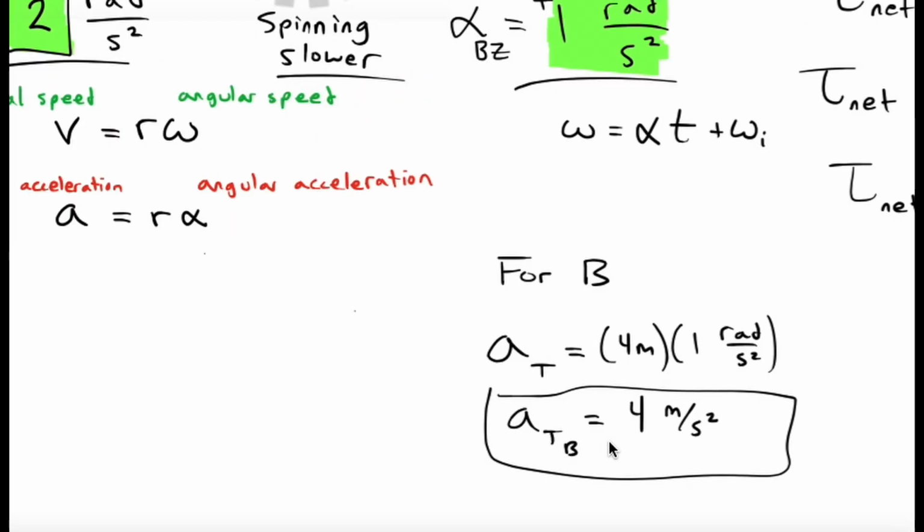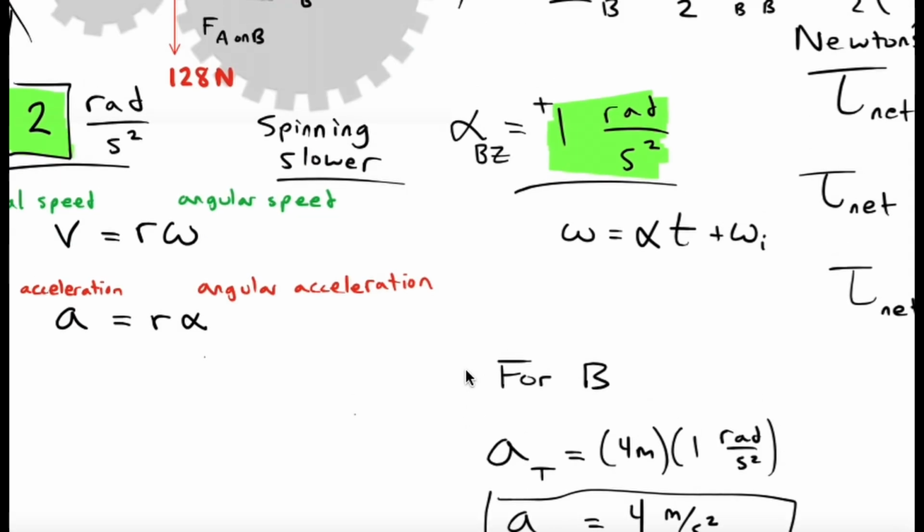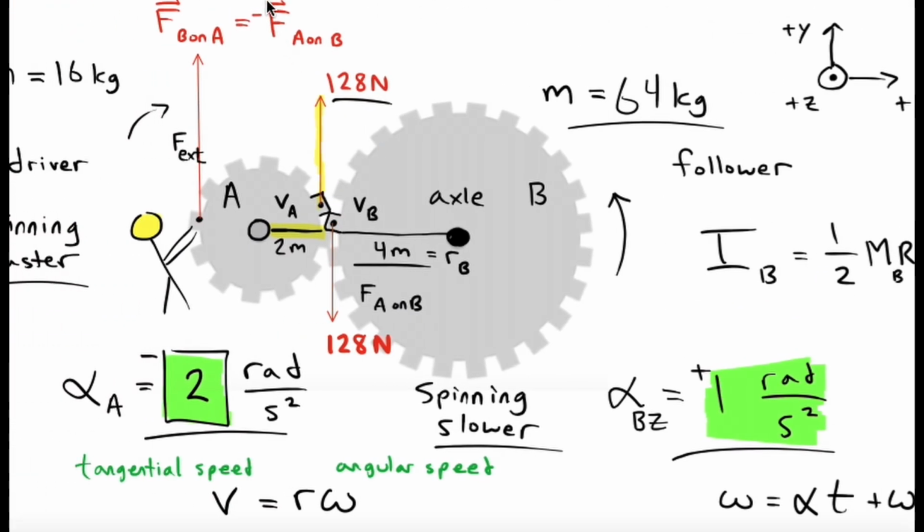Now that I know the tangential acceleration of gear B, I'll write that here. It's 4 meters per second squared. In order for the teeth to interlock, it must be that the tangential acceleration of gear A is the same. Otherwise, they wouldn't mesh together like a zipper.